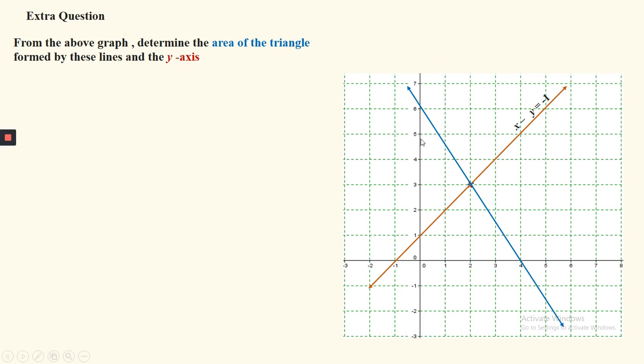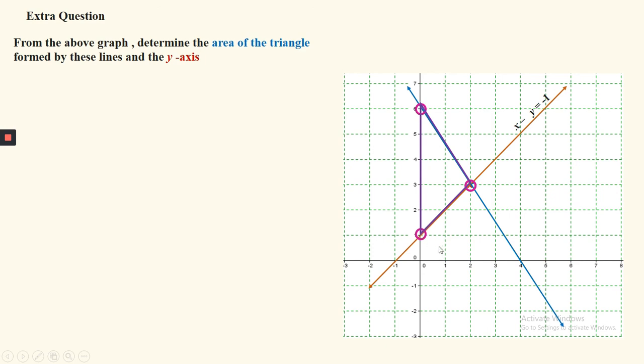So this is the part of the y-axis that is determining a triangle. So we are identifying the triangle so formed. Now for calculating the area of this triangle, you take the part of the y-axis which acts as the base of the triangle.